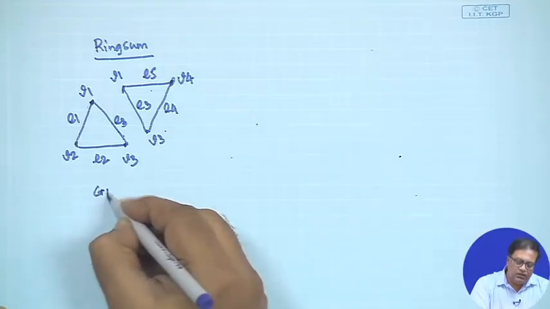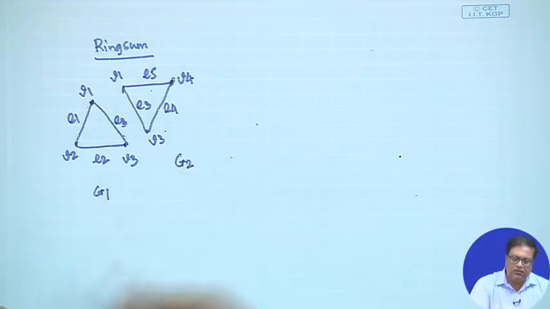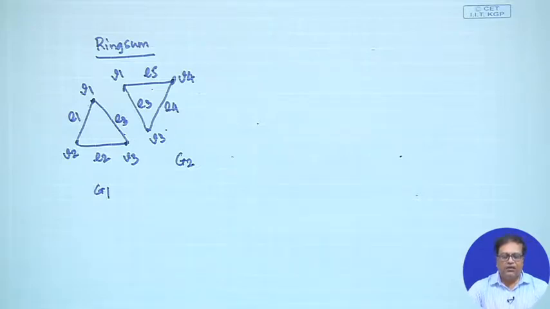Let us call the first one G1 and this one G2. So, these are the two graphs G1 and G2.